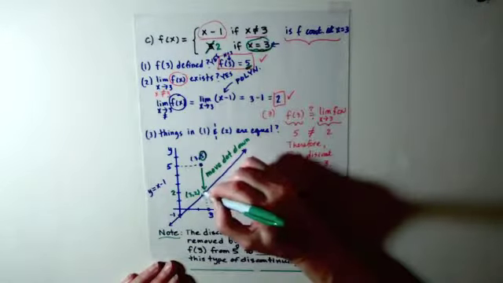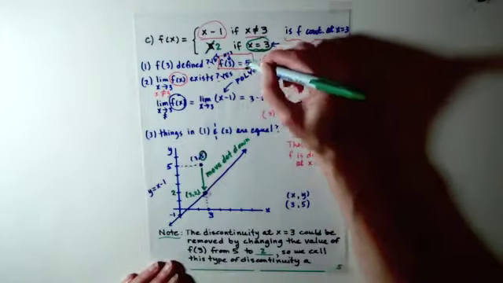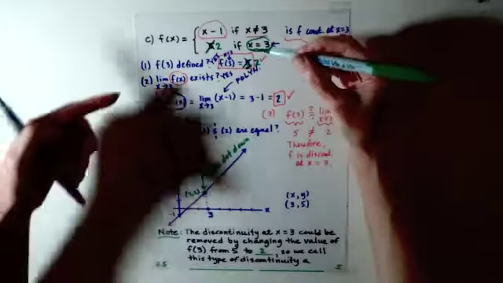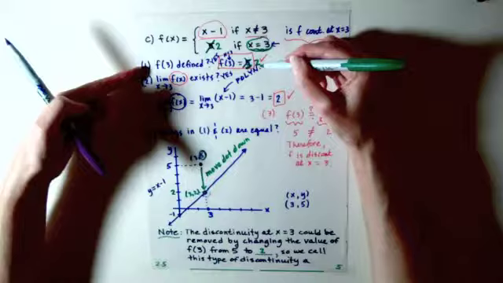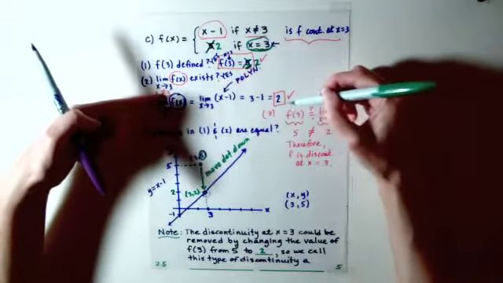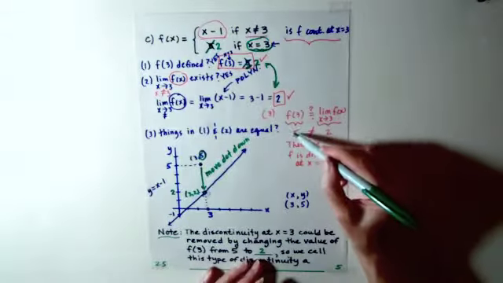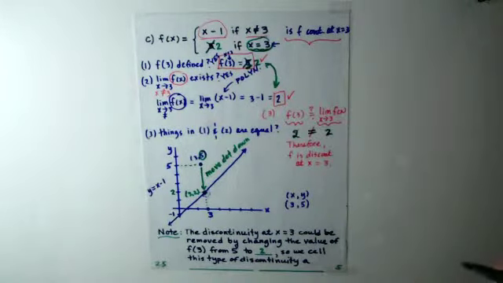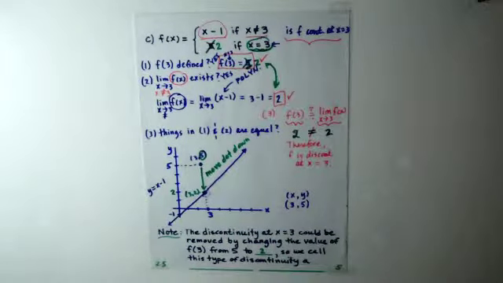We said the output needed to be 2. Notice that means that this would then become a 2, and the number that we get in part 1, condition 1, f of 3 is equal to 2, and the limit was equal to 2, and now these two things would match up. You'd end up having 2 is equal to 2. So you'd have a new function, but you'd have a function that is continuous at x equal 3.